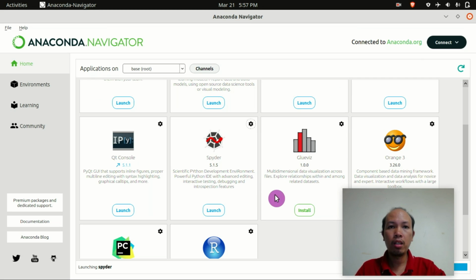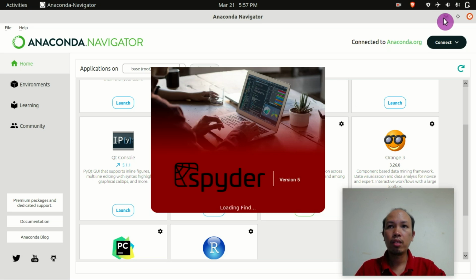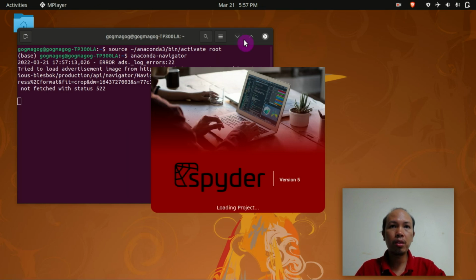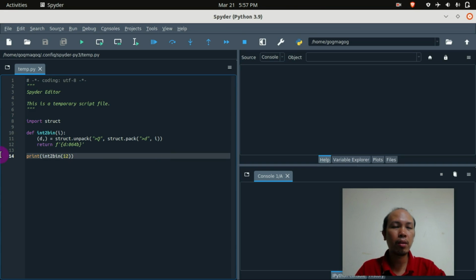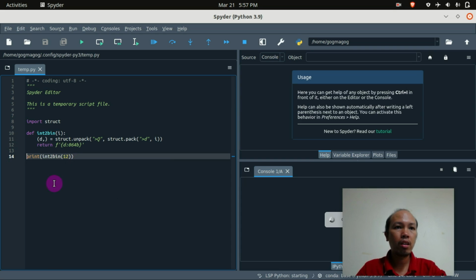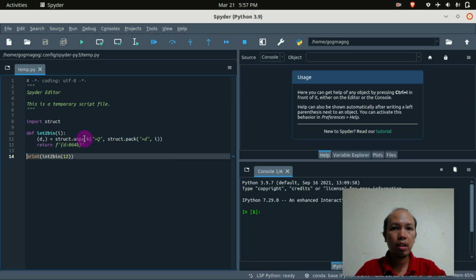After this, this is the code. I already typed the program. This is a series of code. It says here import struct. I'm going to call the package struct and then define the function.